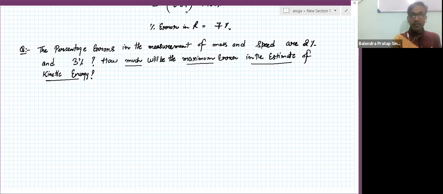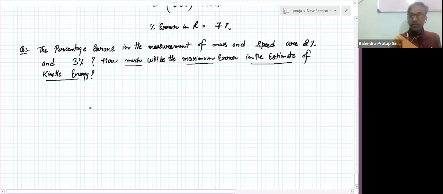So let's discuss the percentage error in mass. The percentage error in mass is delta m divided by m into 100%, which equals 2%.